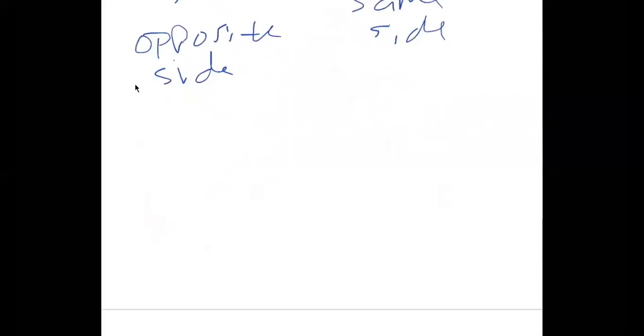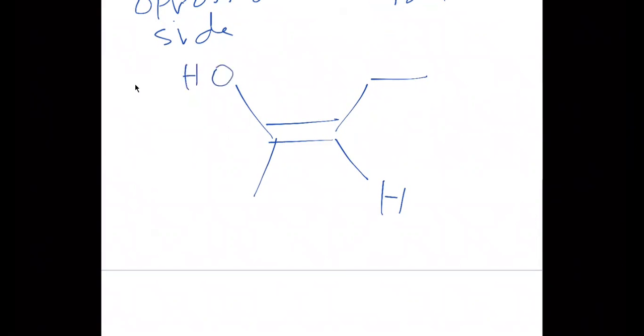So if you have a tri-substituted alkene, let me give you an example of that. I'm going to put an H here. Let that stay there. And then I'll put OH here, and let that stay CH3. All right.